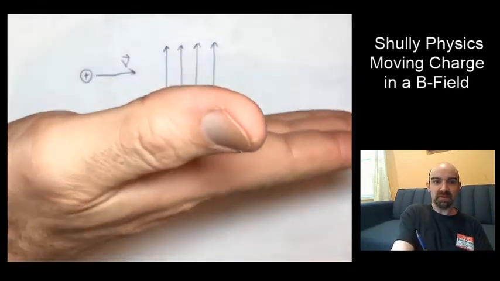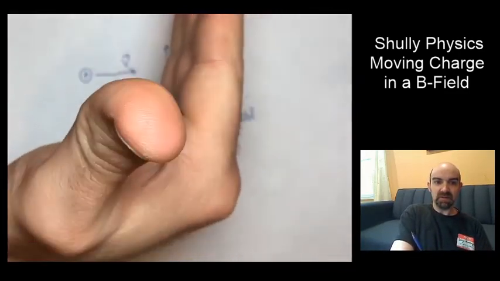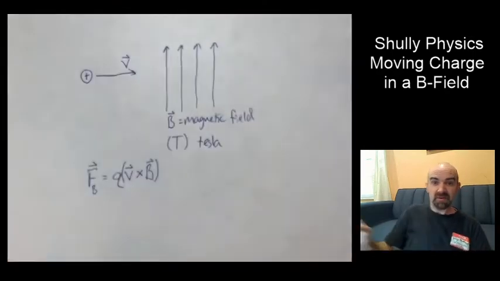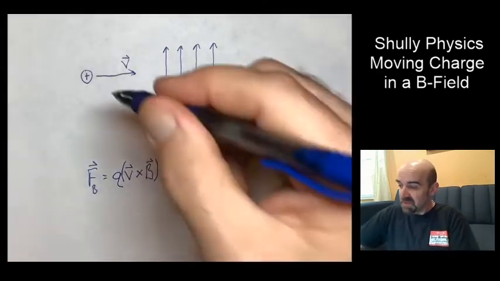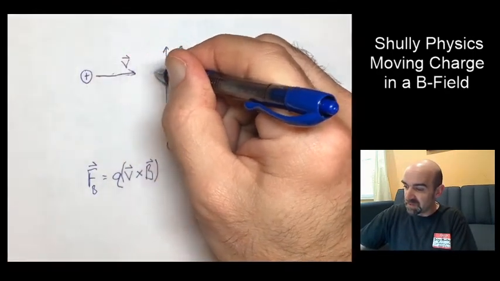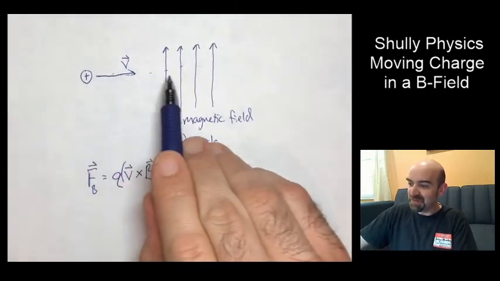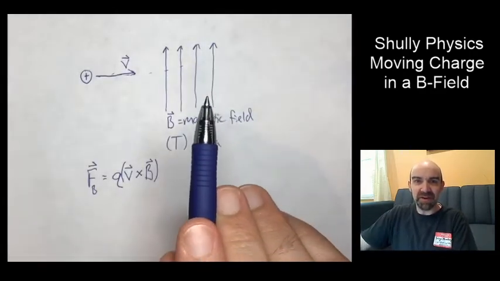So V cross B, then the force is going to be up out of the page. This particle is going to travel up out of this paper toward the camera.